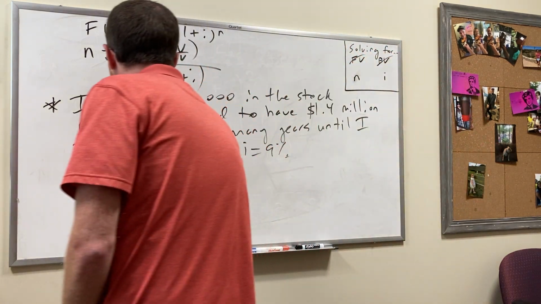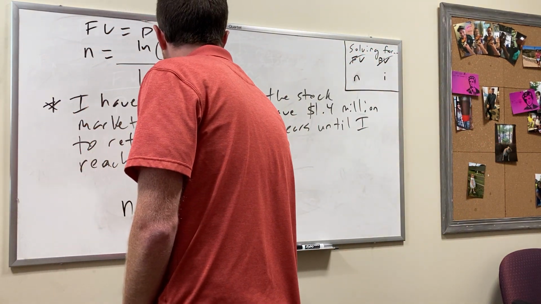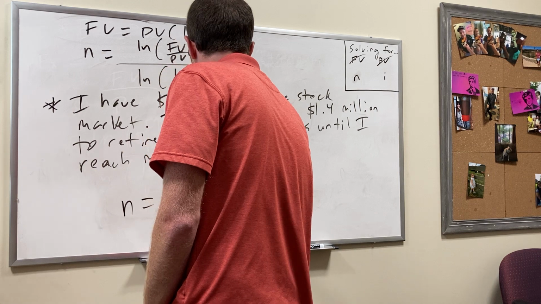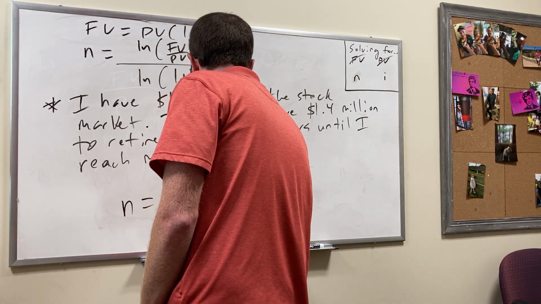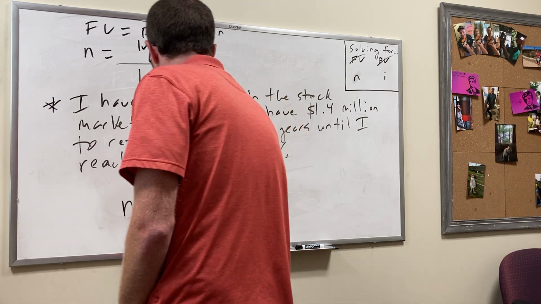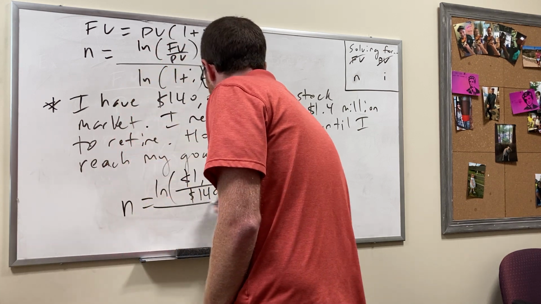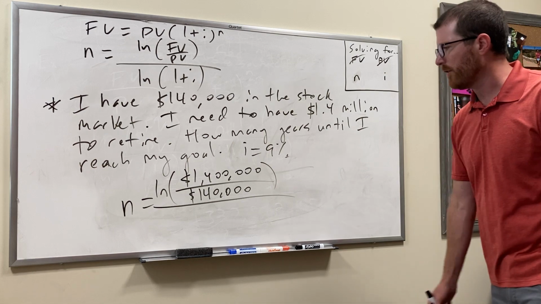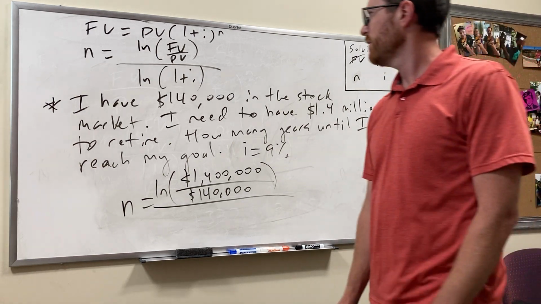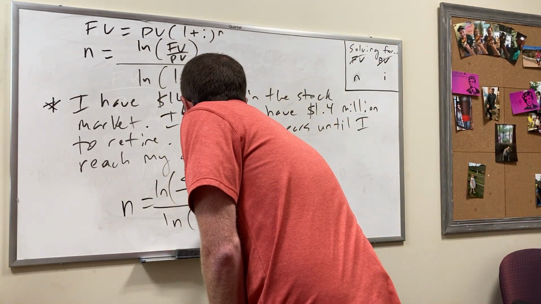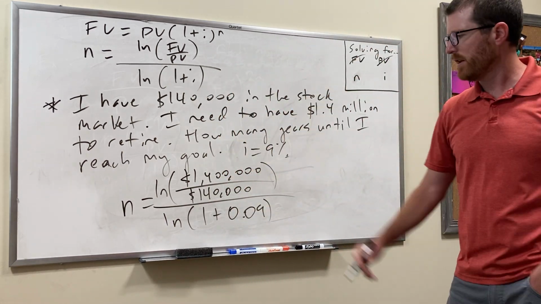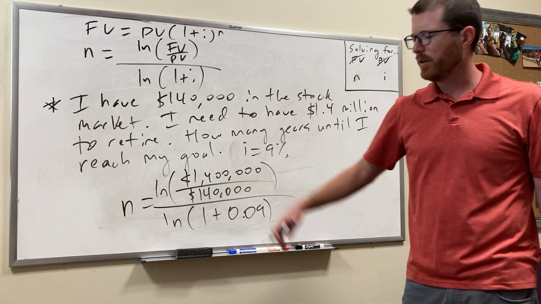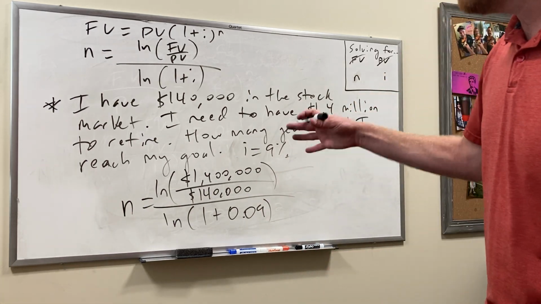So I'm just going to plug in the values that I have. So n equals the natural log of that divided by the natural log of 1 plus 0.09. Right? Again, it is kind of messy, right? It's kind of an ugly equation that we have there. But each individual thing is easy.